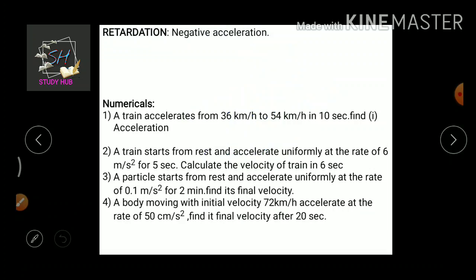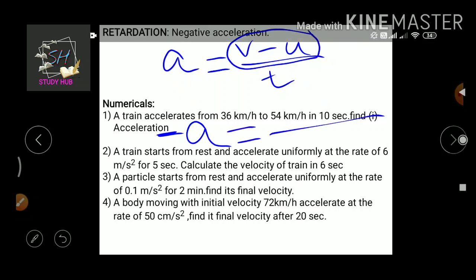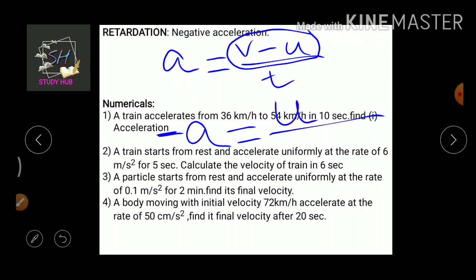As it is negative acceleration, if we apply the formula here, we know a equals v minus u by t. But in the retardation case, this a will be minus a. So when we add minus before, then v minus u changes to u minus v, because when we multiply by minus, this will be minus v and plus u.